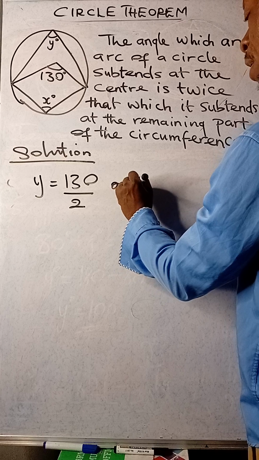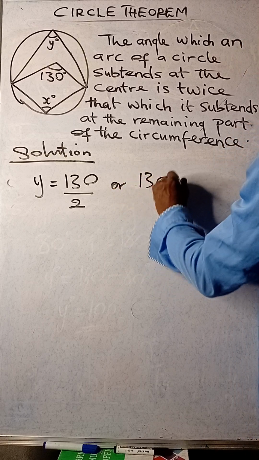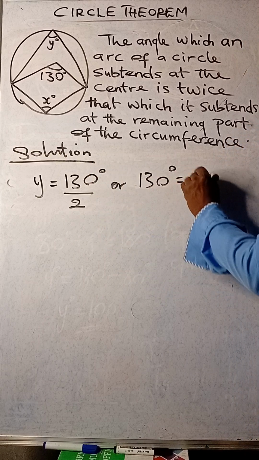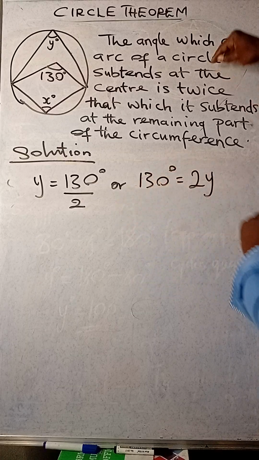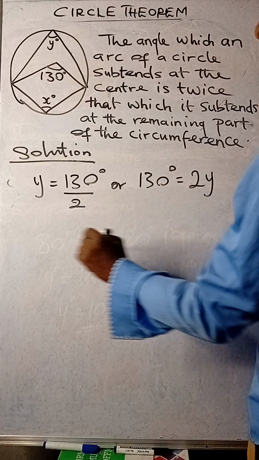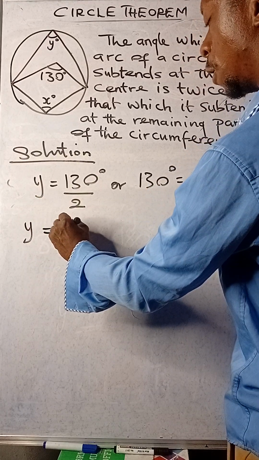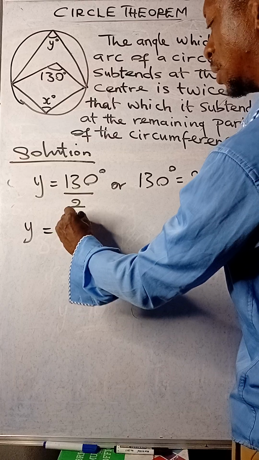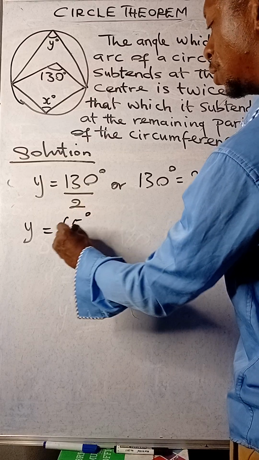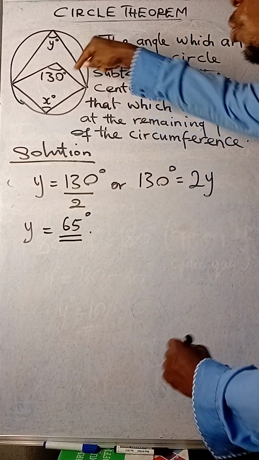Or you can say that 130 degrees equals 2y using this theorem. So from here we can say that y equals 130 divided by 2, that is 65 degrees. That is the answer to y.